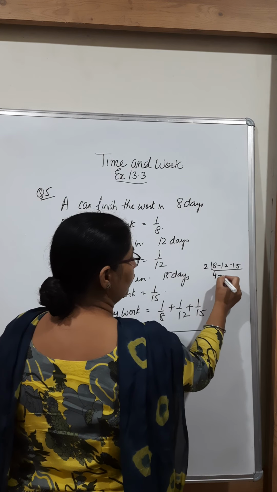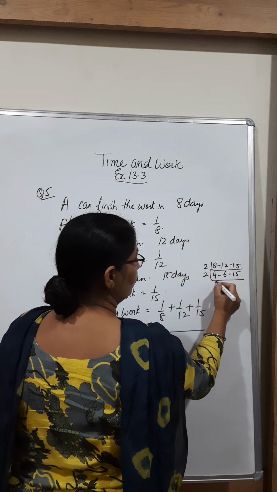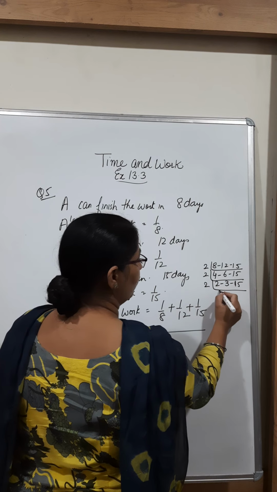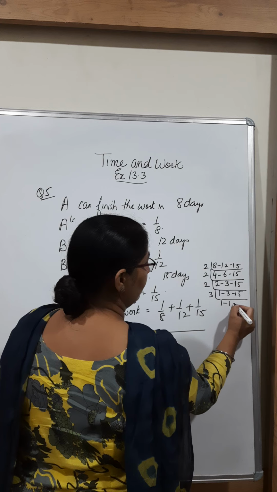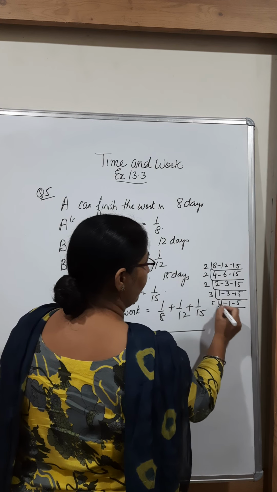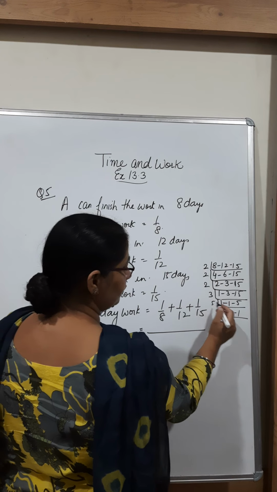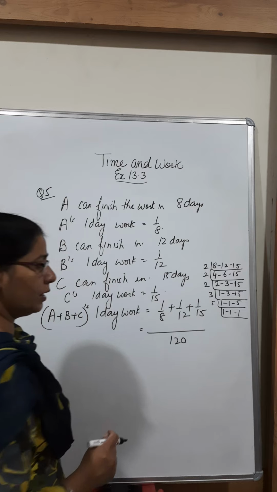On the table of 2, 2 4s are 8, 2 6s are 12. Again on the table of 2, 2 2s are 4, 2 3s are 6. Again on the table of 2, 1, 3, 15, then 3, 1, 1, 5, 5, 1, 1, 1. So 2 2s are 4, 2 4s are 8, 8 3s are 24, 24 multiplied by 5 is equal to 120.